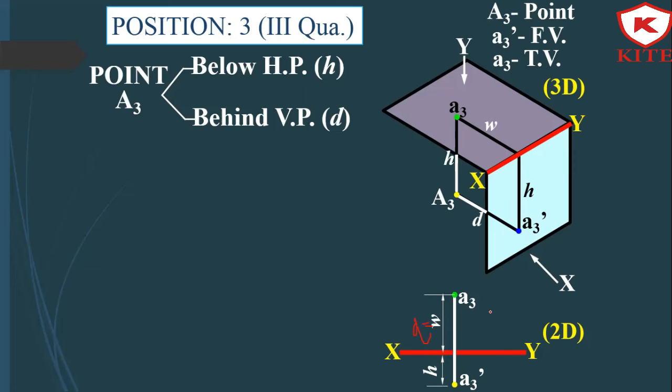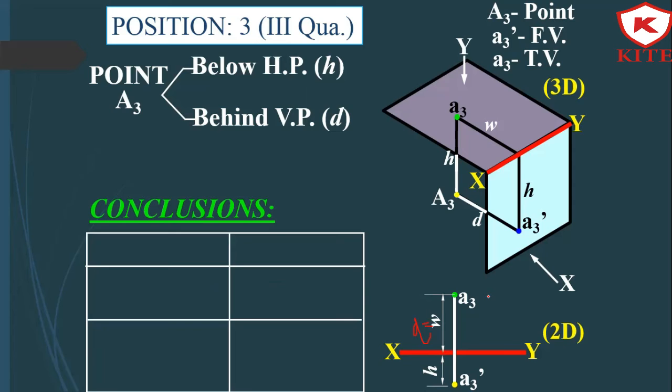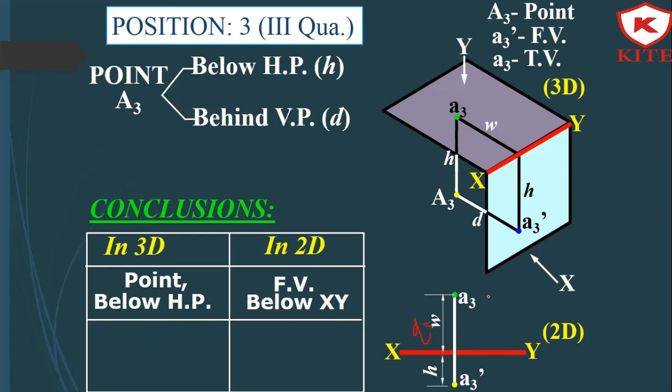Now comparing to the first quadrant case, in the first quadrant A1 dash is above the XY line and A1 is below the XY line, while in the third quadrant case A3 dash is below and A3 is above the XY line. From the conclusion in 3D and 2D: if my point is below HP in the three-dimensional view, then in the two-dimensional view it will be below the XY line.